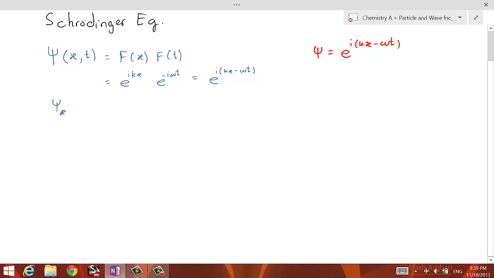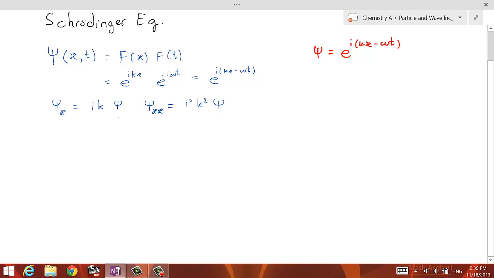Now I want to differentiate this by x. I get i k, and the x is gone. The rest is the same thing, so I replace it with the psi function. Now I differentiate by x again and get the same thing again: i squared k squared.